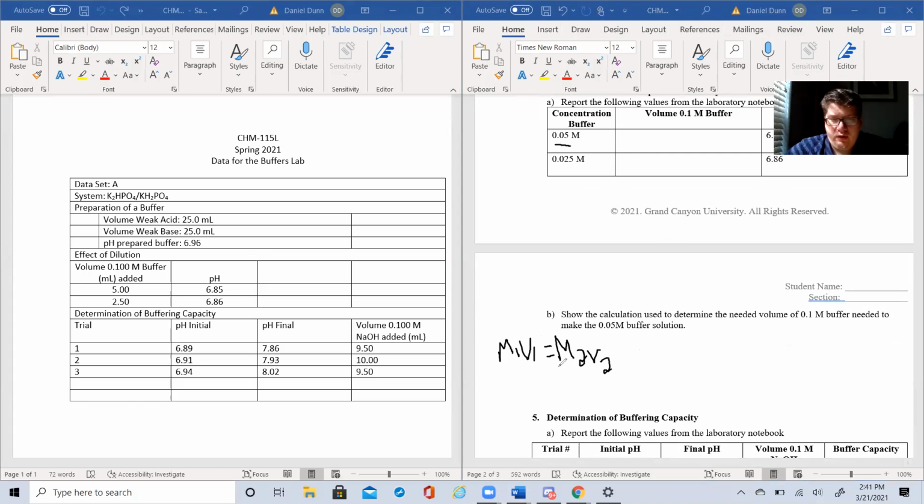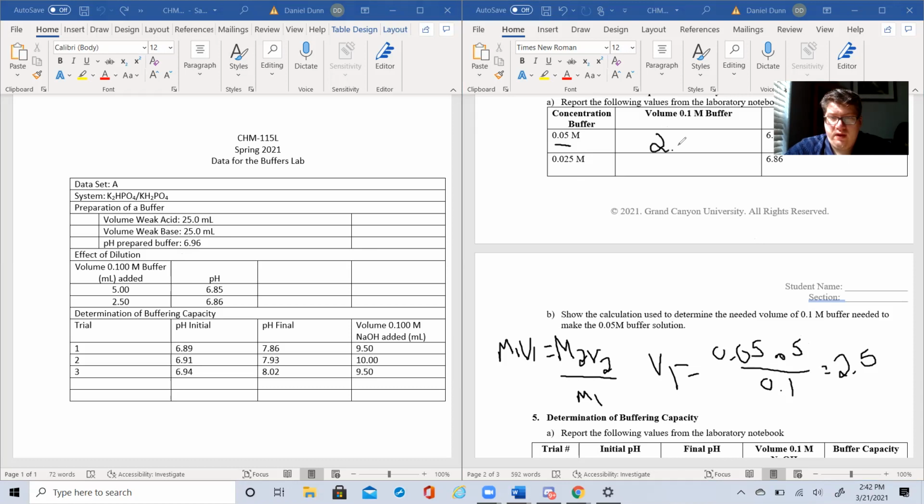Now we're solving for volume, which means V1 is equal to the concentration 0.05 times the volume, this one would be 5 milliliters, divided by the concentration of 0.1, which gives you a volume of 2.5.